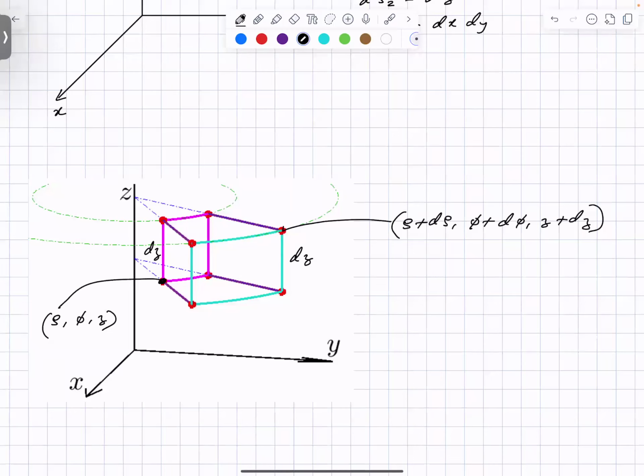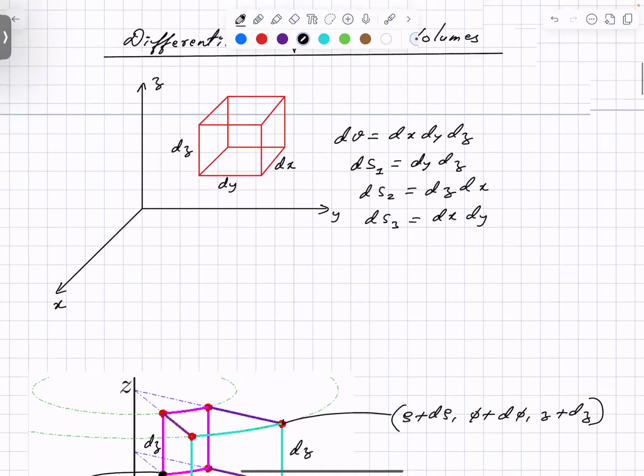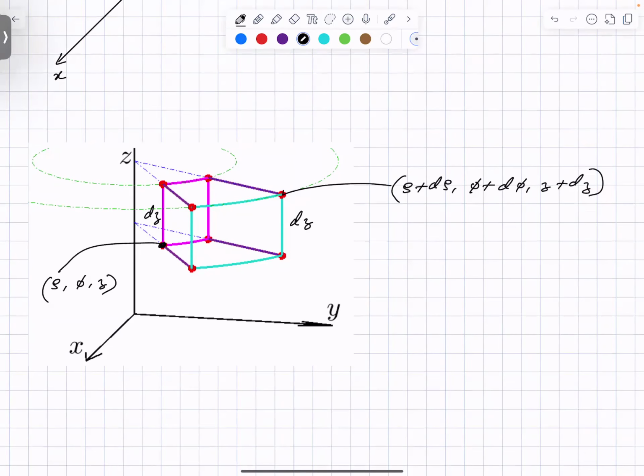And now this volume also has 6 surfaces. And how many edges are there? I didn't ask that question in the rectangular system, but 12 edges, right? Do we know the lengths of all the edges? Let's find out. If you look at these vertical ones, those are easy, right? What is the length of each vertical edge? dz, right? Each vertical one is dz.